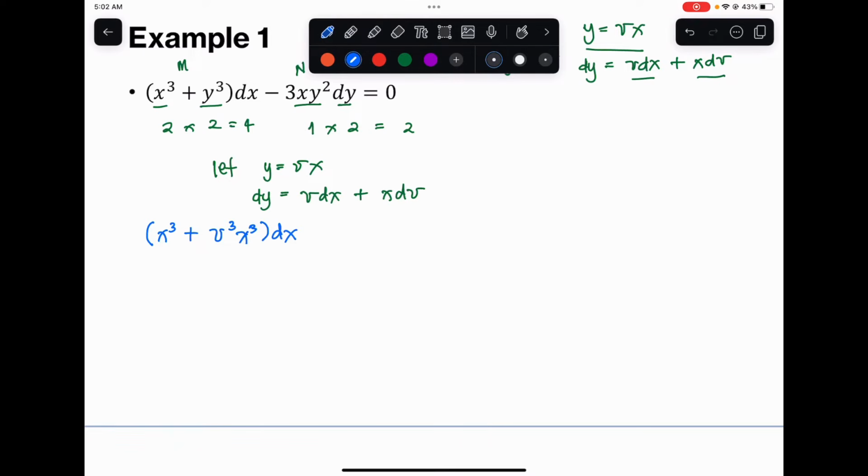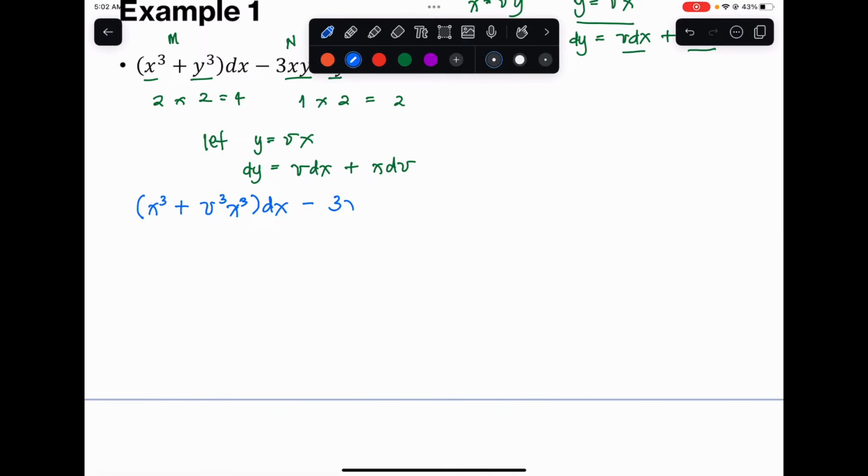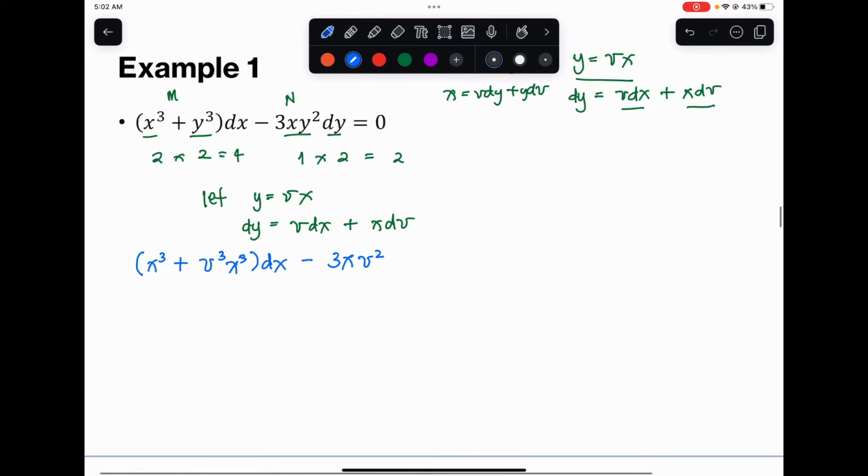Then minus 3, we retain x. y squared is vx squared, so v squared x squared, and then dy. But again, let me remind you that the degree of homogeneity of this is 3. Okay, degree of homogeneity is 3.